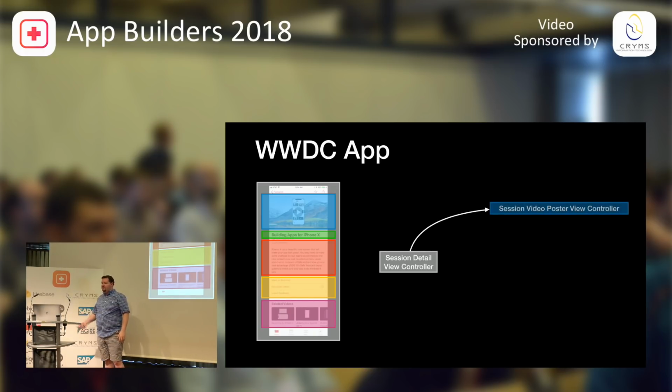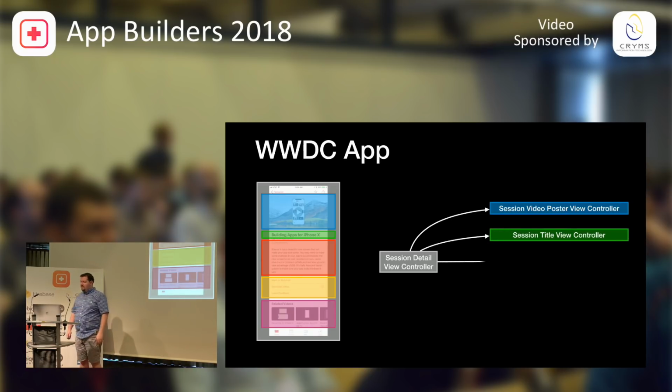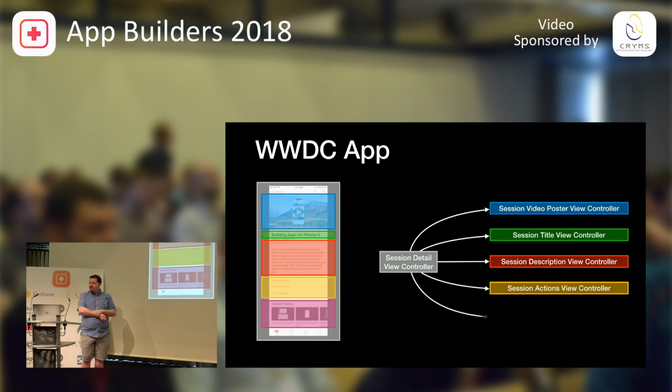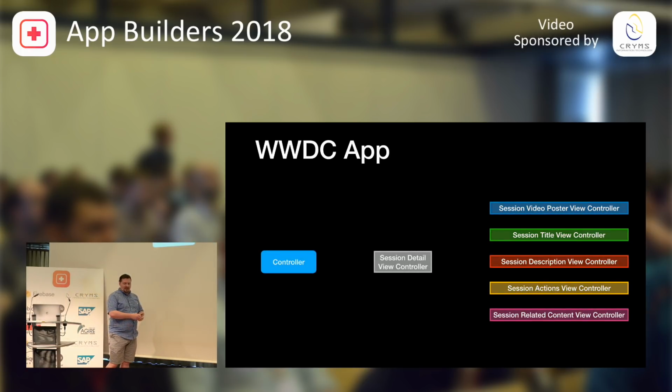And then this has children view controllers: the poster view controller, title view controller, description, actions, and related content. So as we're dealing with actions and passing data around, we've got our controller, and I am just going to hand wave over what that is, because that's a whole different third part of our app.